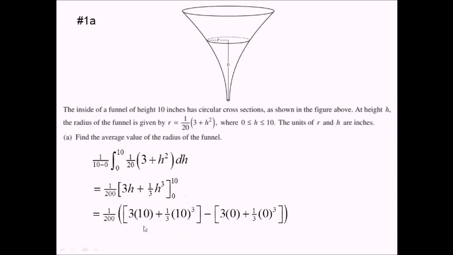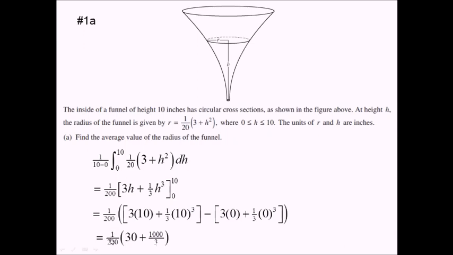But if we do simplify it, inside here we've got 30 plus, let's see, this is 1,000 over 3. And then if we want to combine all this, this is going to be 90 thirds plus 1,000 thirds. So that's 1,090 thirds.